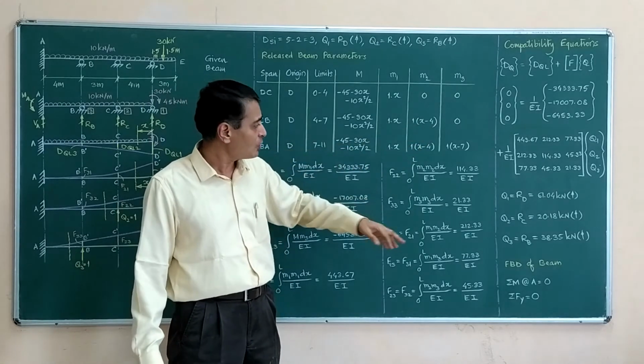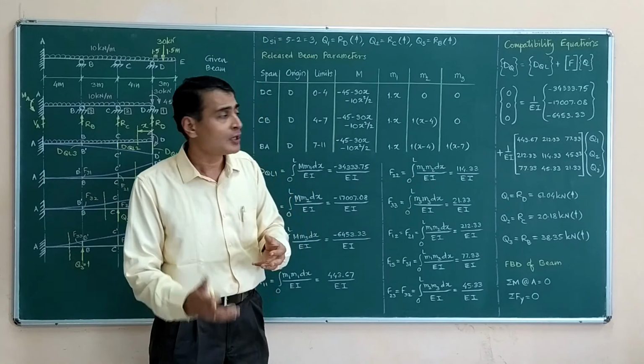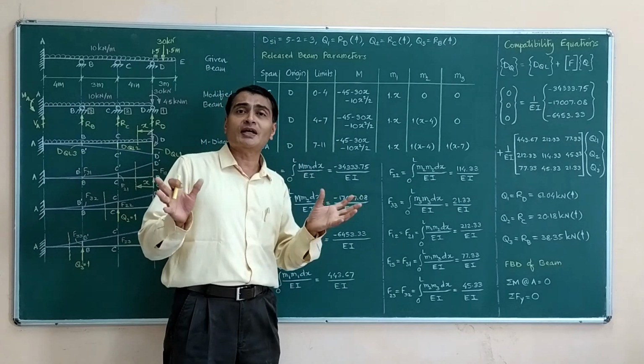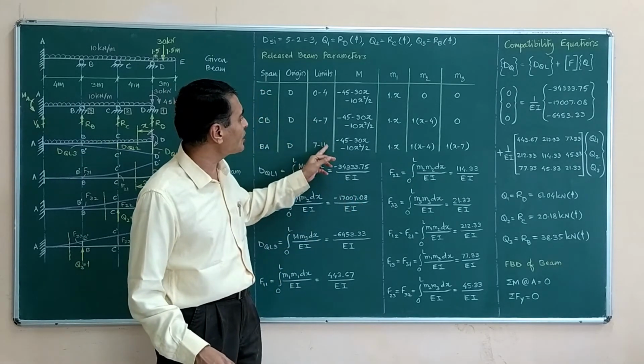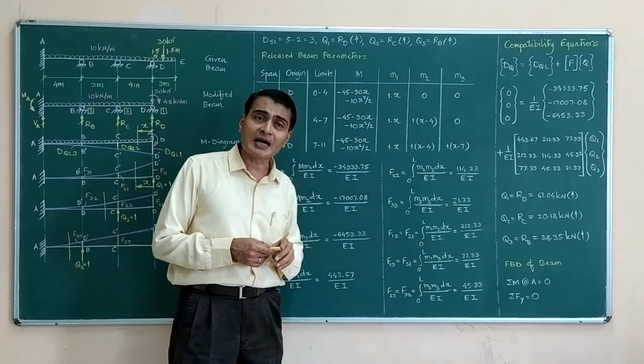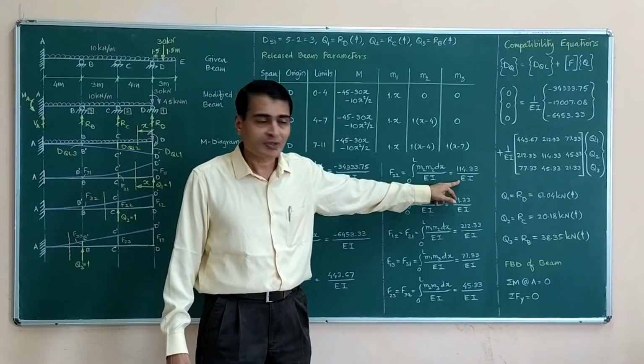Why bracket square? Because it is m2 square, that's why I am saying bracket square. So for 4 to 7 and 7 to 11 you did not solve two integrations, you solve one integration as 4 to 11 and you will get x minus 4 square dx over EI. Integration on solving will fetch this answer.